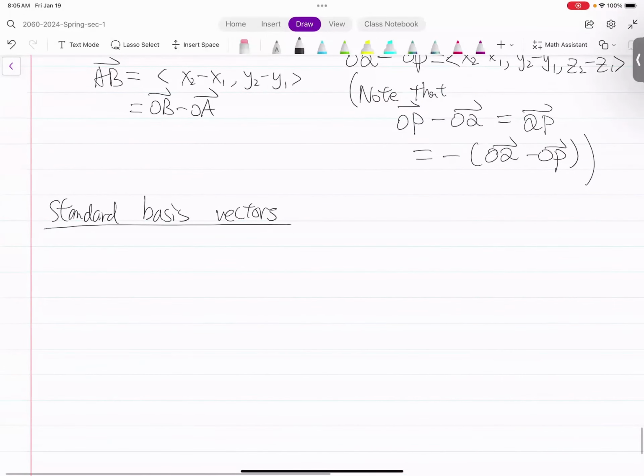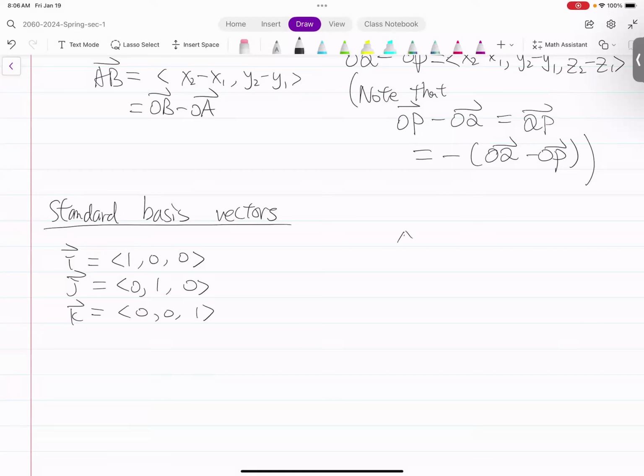So basically, in 3D, let's just call i, j, k the three basis vectors. i is the vector that has 1 in the first component and zeros everywhere else. j has 1 in the second component and 0 everywhere else. And finally, k is the one that has 1 in the last component and 0 everywhere else.